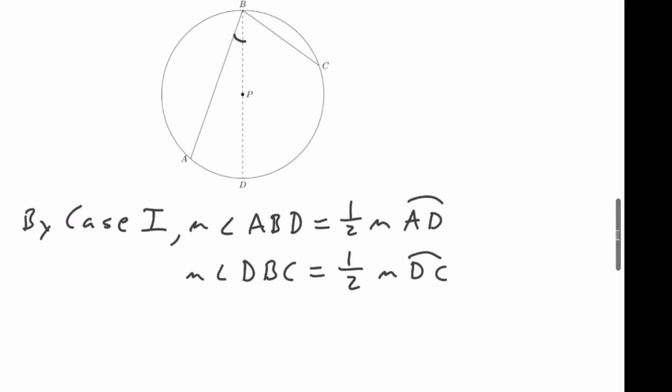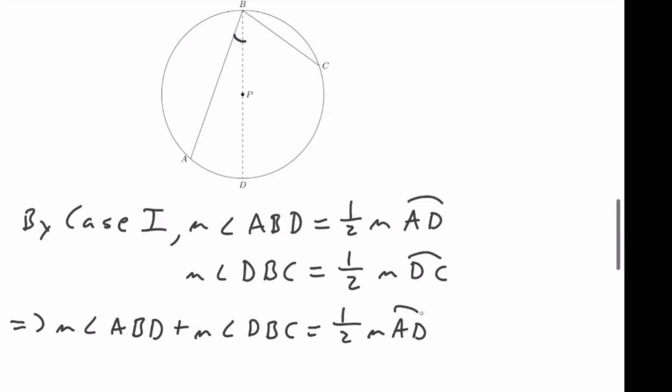Naturally, this implies the measure of angle ABD plus the measure of angle DBC is equal to half the measure of arc AD plus half the measure of arc DC.